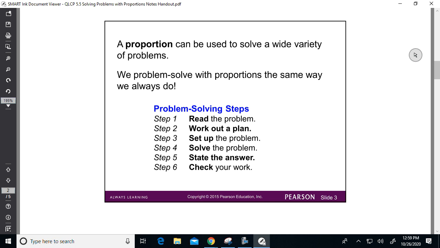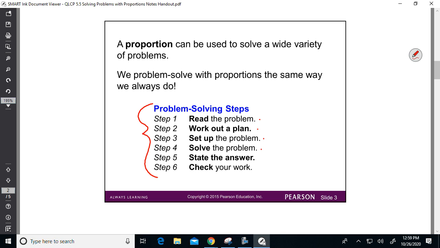So remember, a proportion is two fractions set equal to each other, and we can use proportions to solve a whole bunch of problems. So of course, the steps for solving any kind of problem are still the same. Read the problem, work on a plan that involves you reading it again.